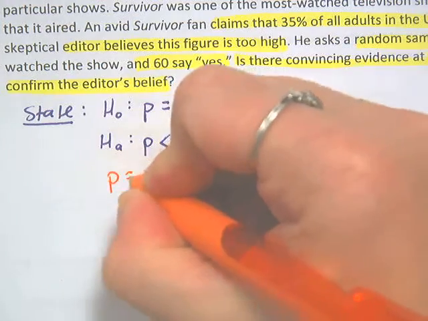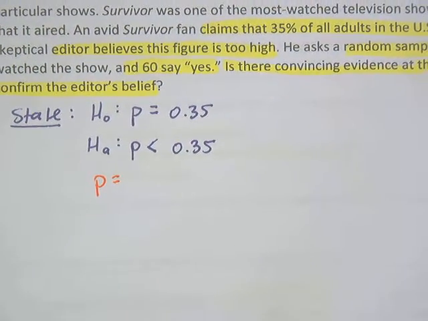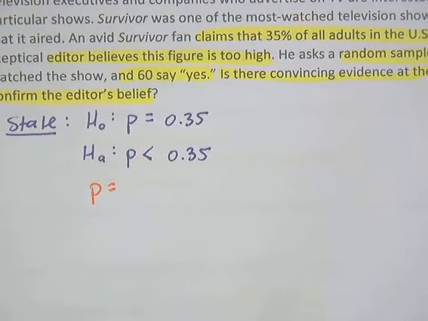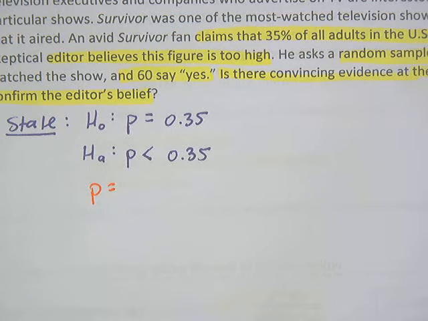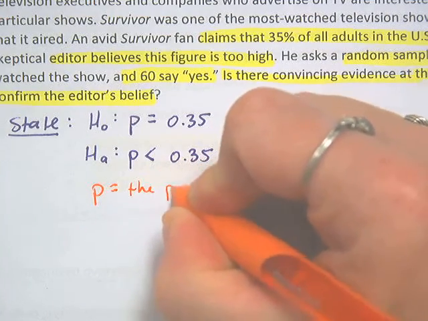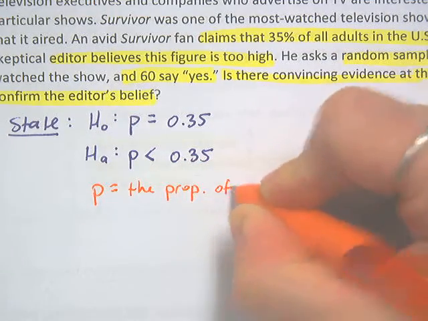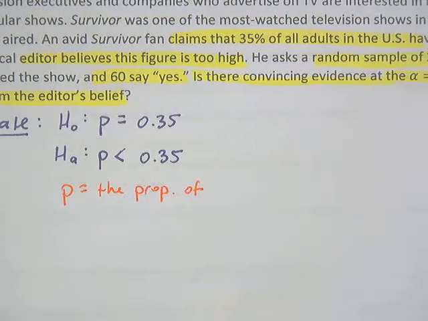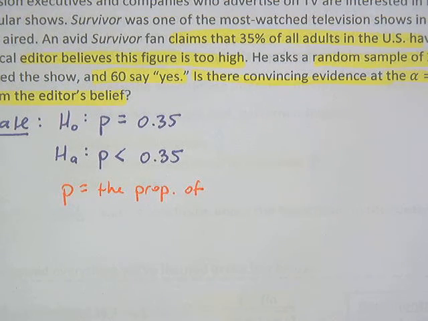Think about, if this was your quiz, what you would tell me P stands for, and write it down. Proportion of blank. You're telling me that you understand what the population is. Is it teens? Is it adults?